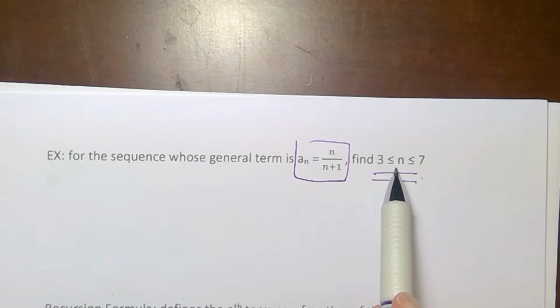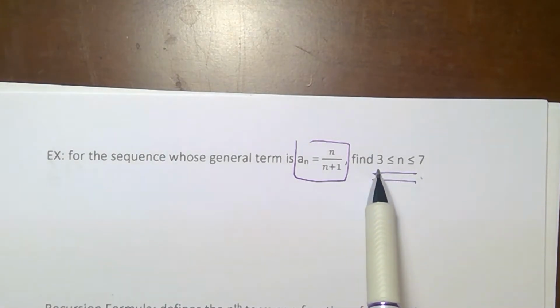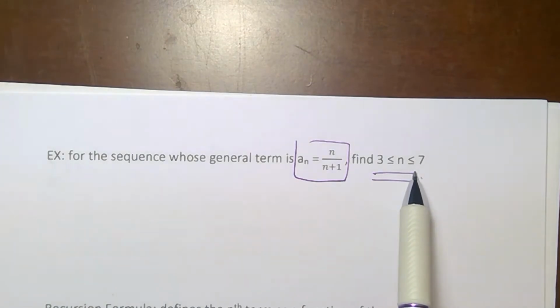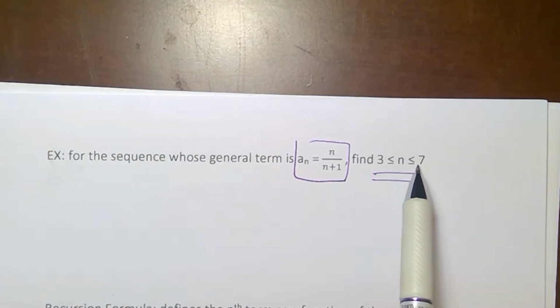So if we're asked to find where n is 3 to n is 7, I'm finding the 3rd, 4th, 5th, 6th, and 7th terms because it's or equal to. I include the 3rd, I include the 7th term. I don't care about the 1st and 2nd terms. I don't care about the 8th, 9th, 10th, or 137th terms. I just want these terms from 3 to 7.